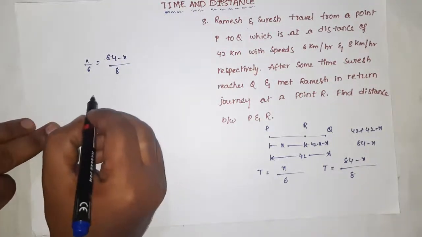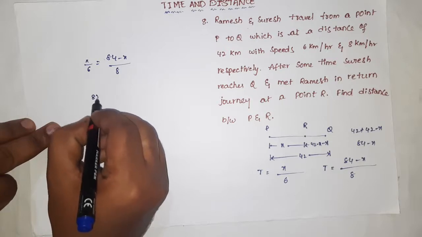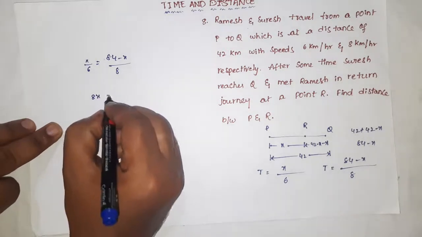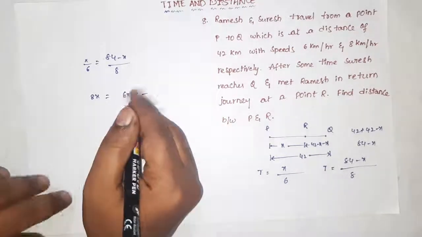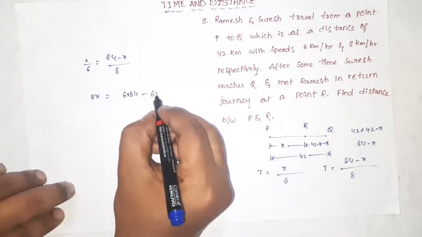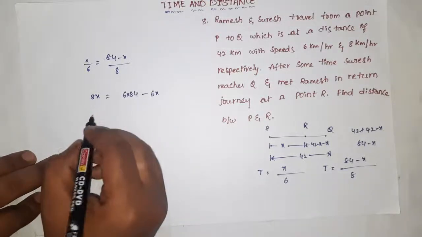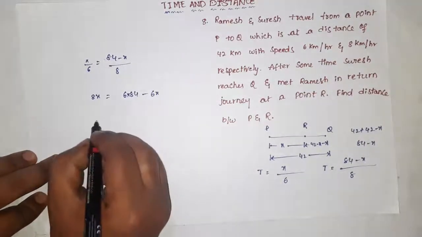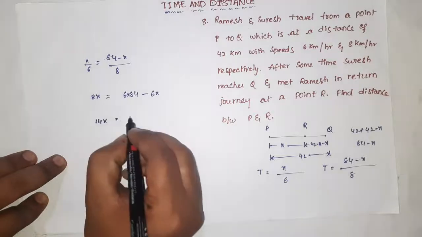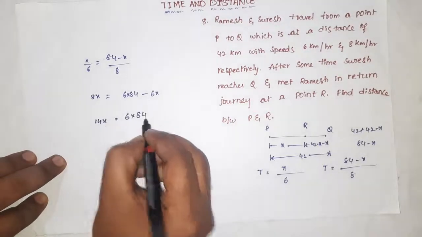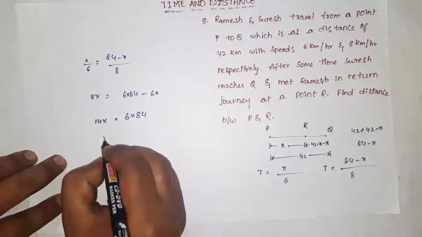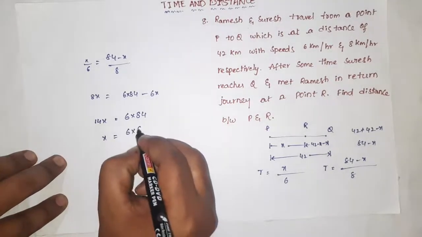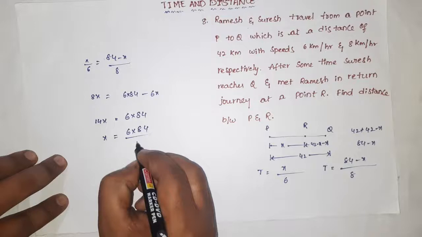If we cross multiply, 8X equals 6 into 84 minus 6X. So that will be 14X equals 6 into 84. Okay, X will be 6 into 84 by 14.